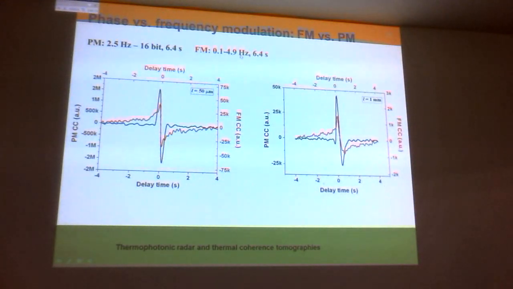And if you compare FM versus PM, where FM is the frequency modulation, that is the single sine wave frequency scan, as opposed to the 16-bit code here, you can see how much better in terms of localization you are. This is the cross correlation for one versus the other.